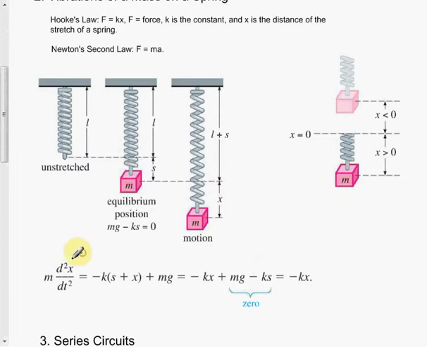Well, this side right here is Newton's second law, that F is equal to the mass times the acceleration. And then this guy right here is Hooke's law, that the force is equal to negative k, the restoring force constant, times x. So we put them both together.